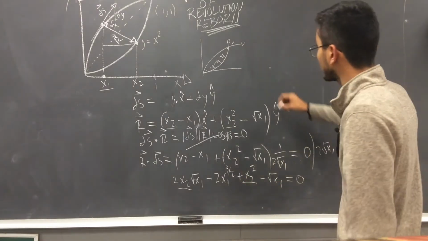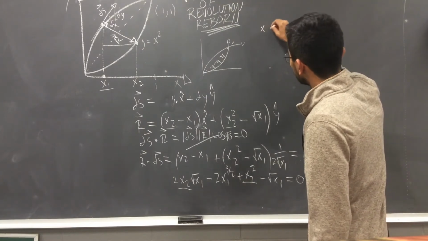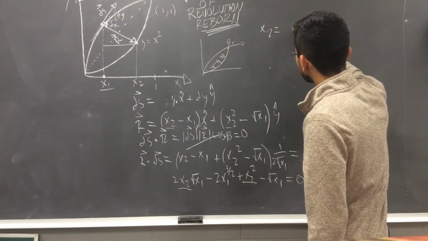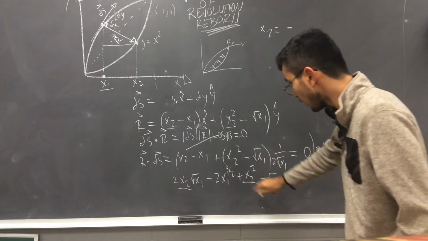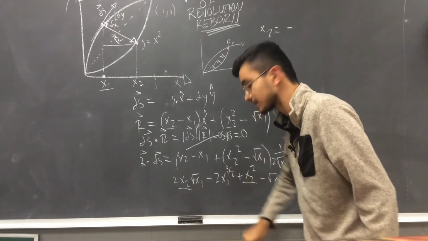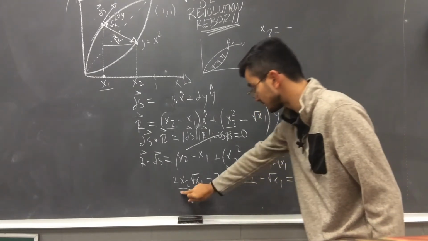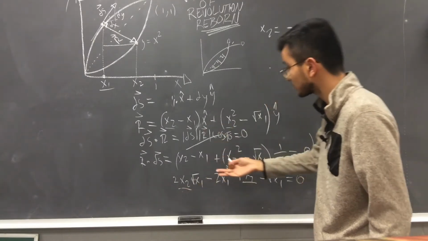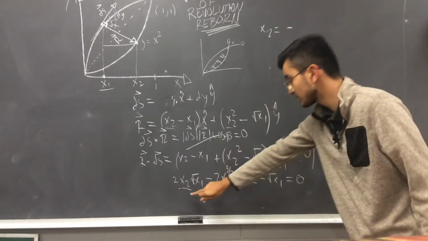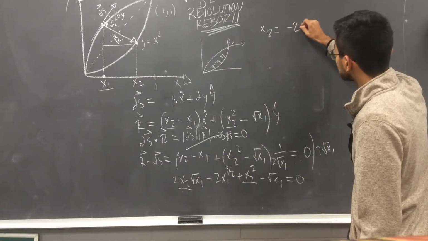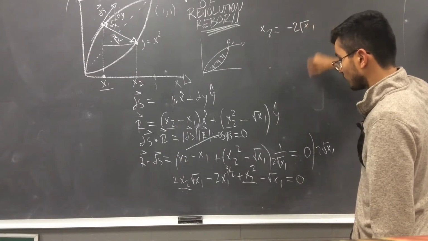So we're going to go ahead and do that. So x2 is essentially negative b. Now b in this case is going to be 2 times, I'm sorry, 2 times the square root of x1, because x2 is the variable we're solving for. So negative 2 times the square root of x1.